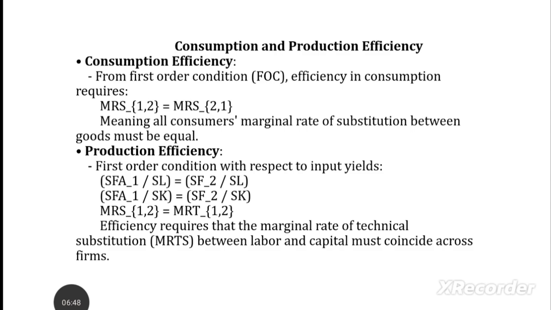In production efficiency, the firm requires that the resources are used optimally across all firms. The first order condition means the MRTS between labor and capital must be equal across firms. Otherwise, reallocating inputs can increase the total output, implying inefficiency.